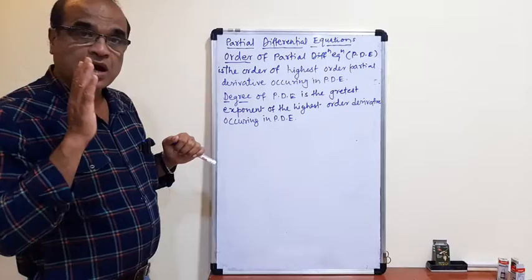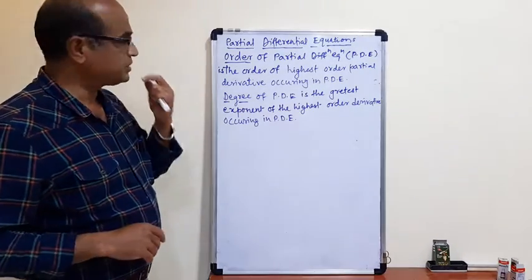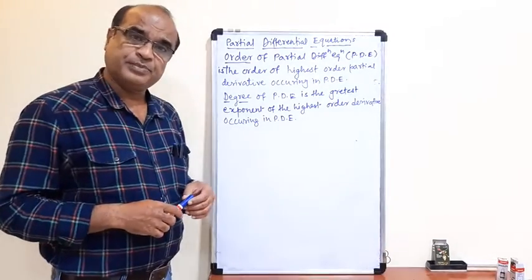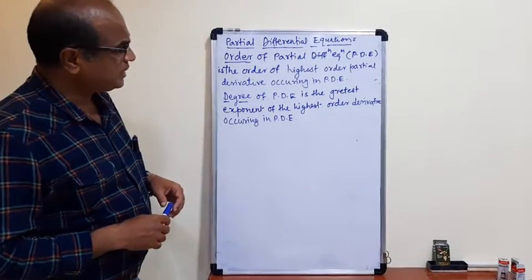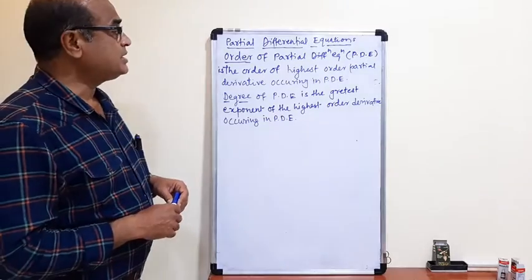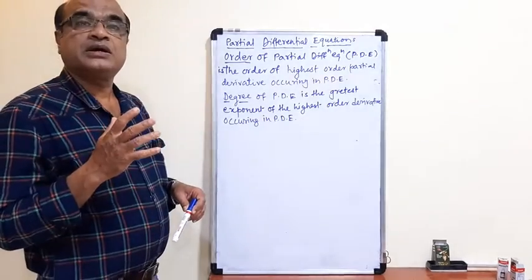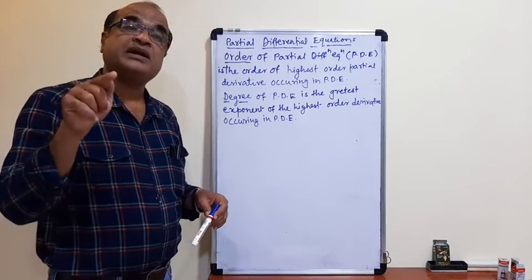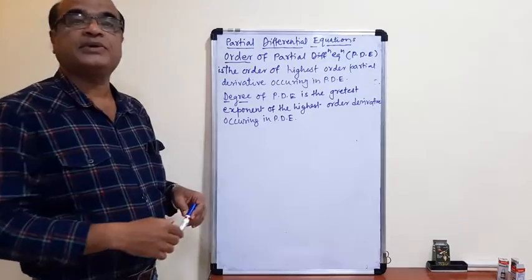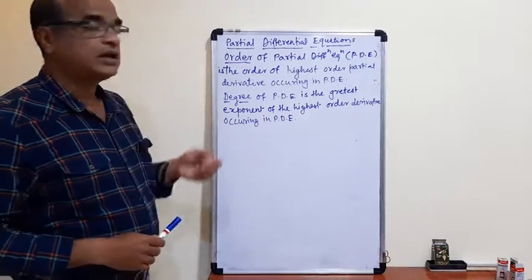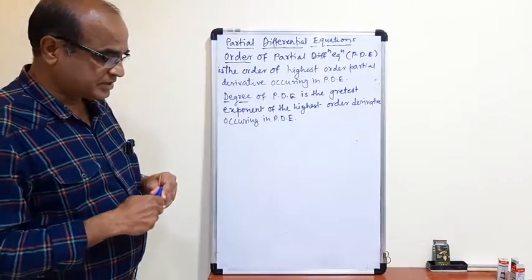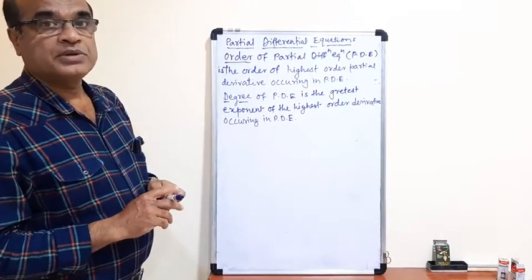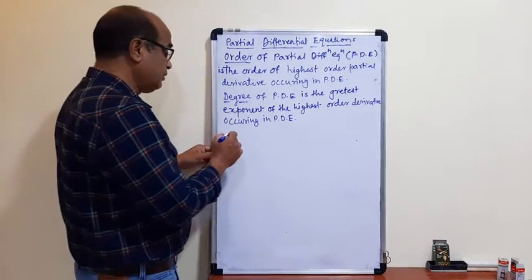Similarly, what is the degree of the partial differential equation? The degree is the greatest exponent of the highest order partial derivative occurring in the partial differential equation. We understand the order and degree by giving examples.